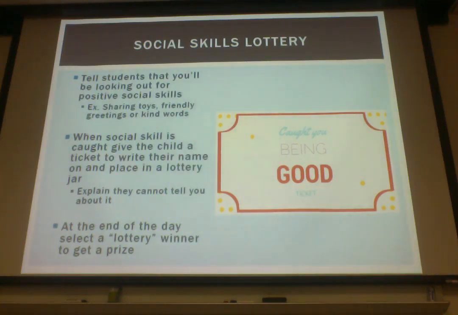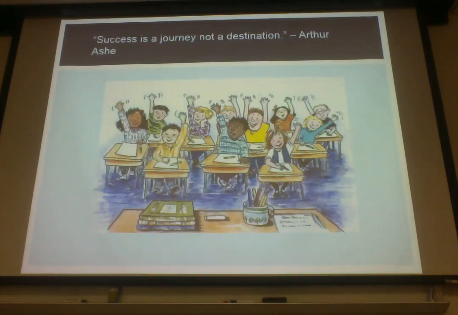The great thing about this is that kids catch on really fast that if they have more tickets in the lottery, they're going to be able to have their name pulled more often. So they're much more likely to do the social skills that you're looking for because they want their name in that lottery as many times as they can get it in there.